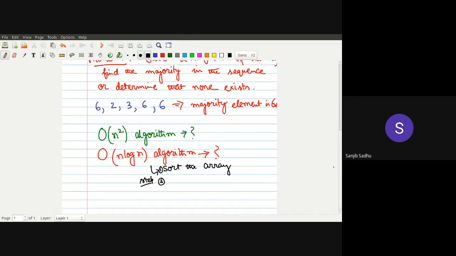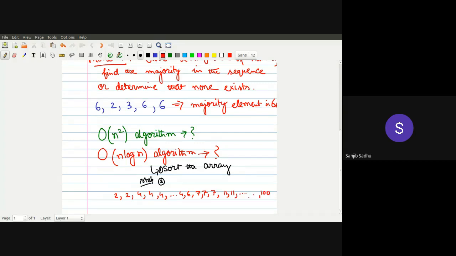I'm just showing you. It may be like this. Suppose 2 2 4 4 4 4, then 6, then maybe 7 7 7, in this way. Suppose 11 11. This is the sorted array; I am not writing all the elements.